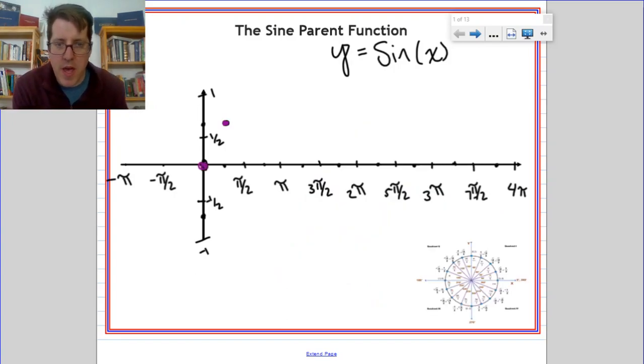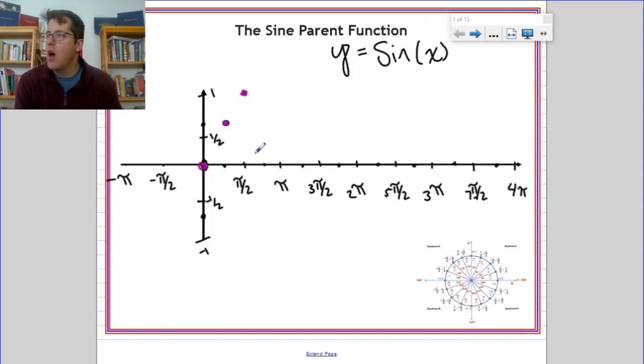Okay, next up is pi over 2. Now, pi over 2 is a right angle. So if you think about a right angle on the unit circle, it looks like this. A right angle on the unit circle would have a y-coordinate of 1 because it would be the coordinate 0, 1 on the unit circle. So we would be right here.